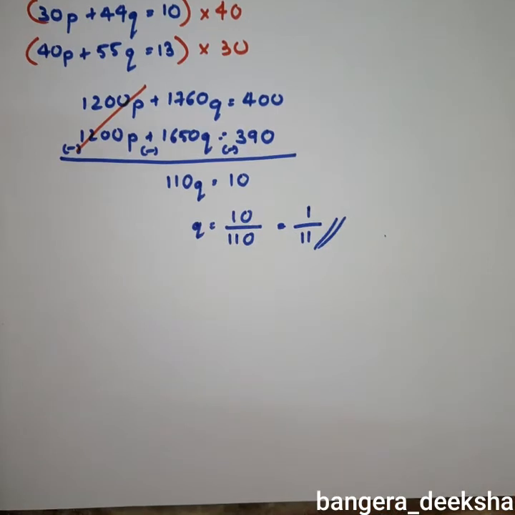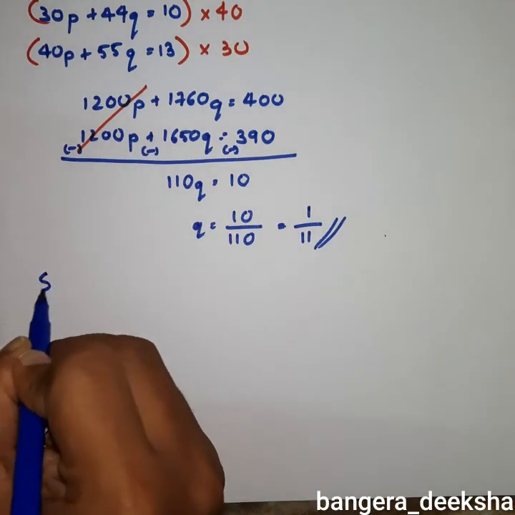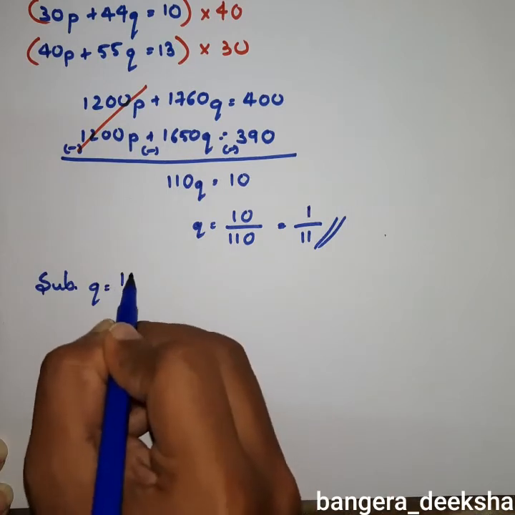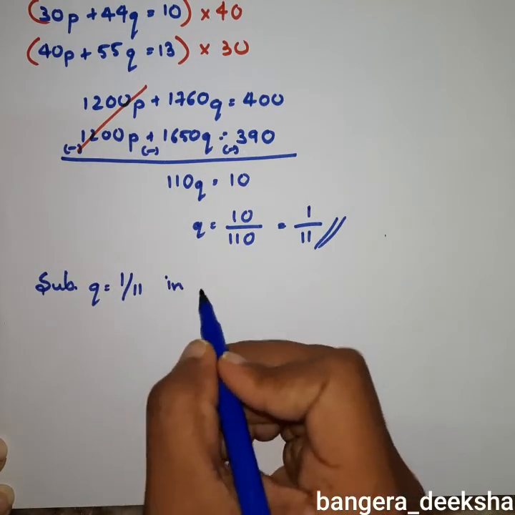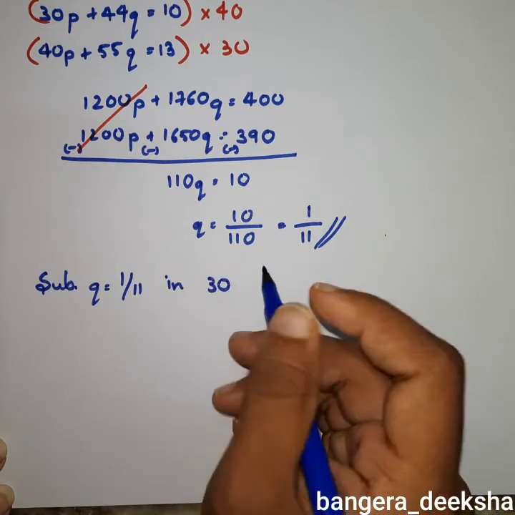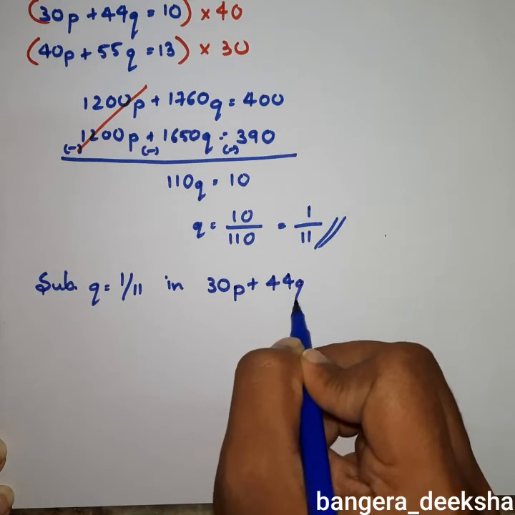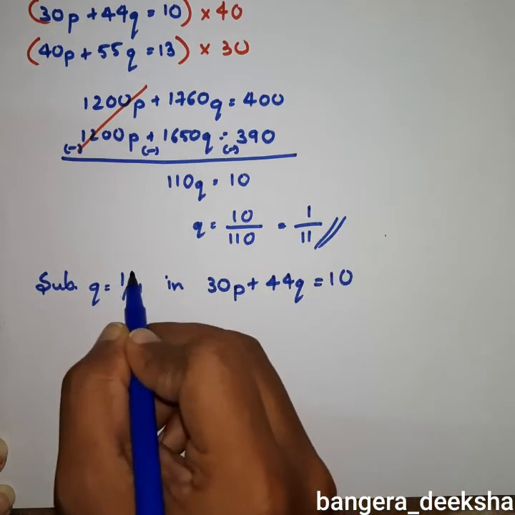Now I'll substitute this value of Q is equal to 1 divided by 11 in 30P plus 44Q is equal to 10. So wherever Q has come, I'll take 1 divided by 11.